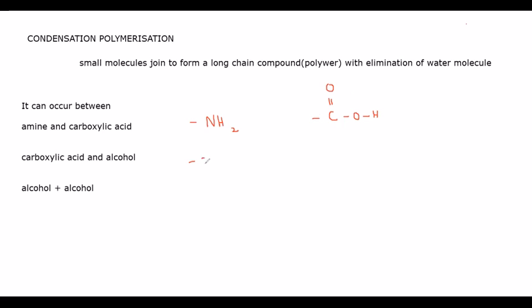Or if one molecule has carboxylic acid and another one is alcohol, they can also form a condensation polymer. Or if both molecules are alcohols, like OH, they can also form condensation polymers. First copy this part, then I'll give an example to explain how a condensation polymer is formed.